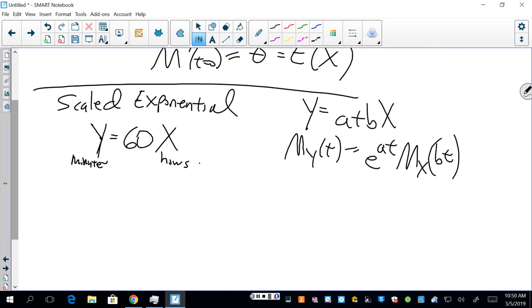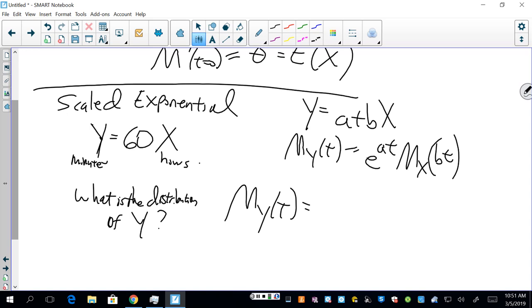What's the distribution of y? Well, we can figure it out by finding the moment generating function. And if the moment generating function looks like something we recognize, and the range of the values is appropriate, then it has that probability distribution.